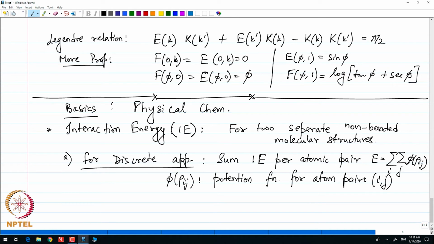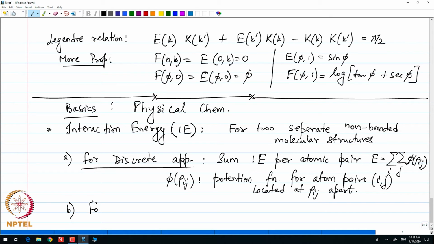So rho_ij is the interaction potential for atom pair i j, located rho_ij apart.